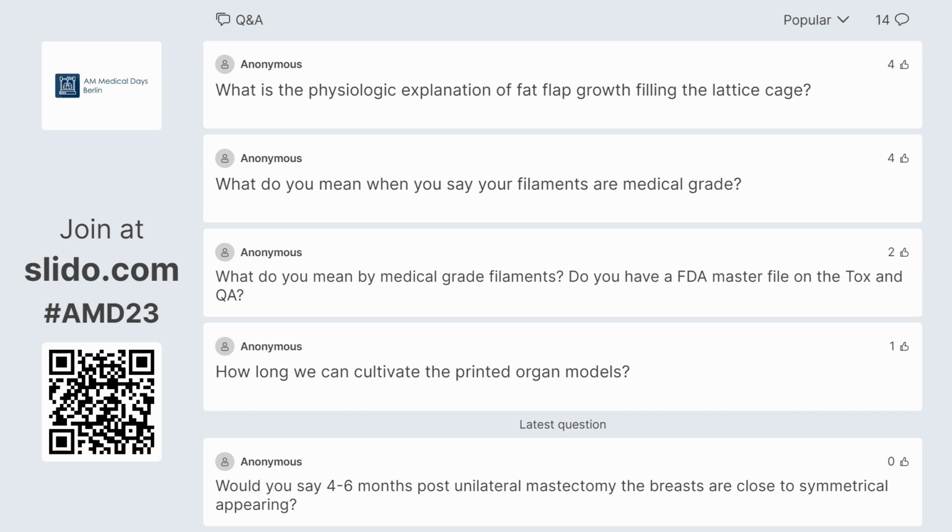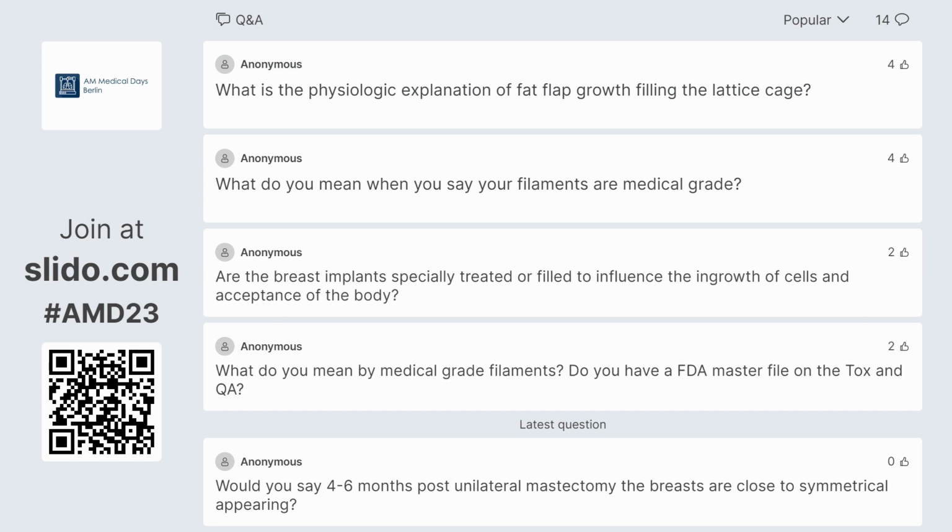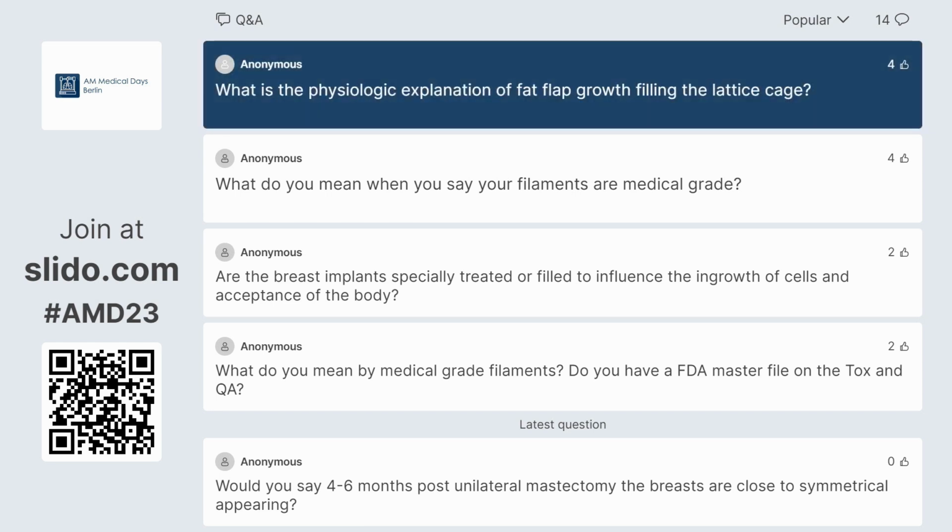The next question is to you both. What is the physiologic explanation of the fat flap growth filling the lattice cage? The implantation of the lattice induces a transient acute inflammatory response.